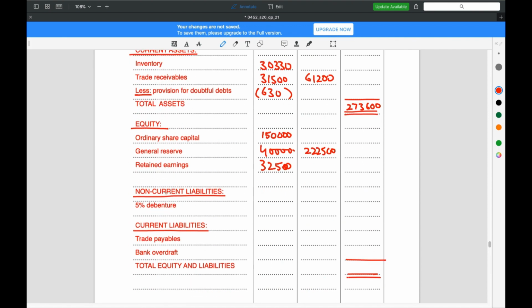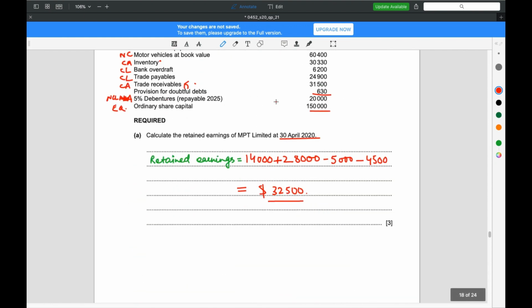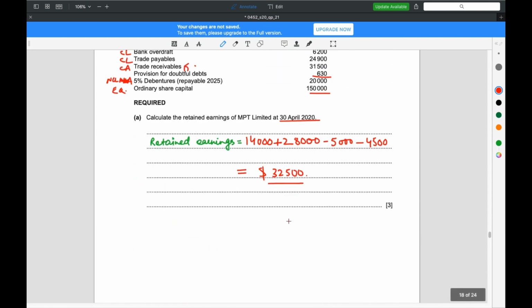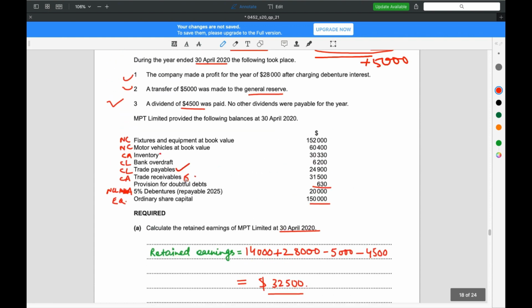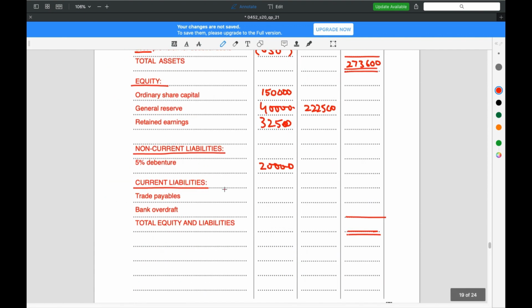And the liabilities, actually the 5% debenture he says over here, is for $20,000. So put that in. And then you have your trade payables, and then the bank overdraft that you need to take care of, right? Those come in the current liability section.